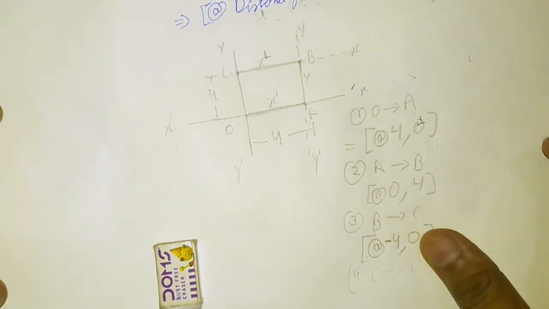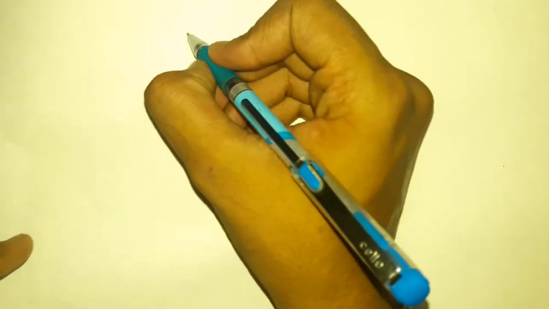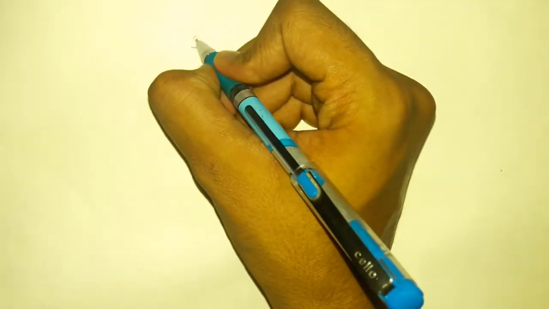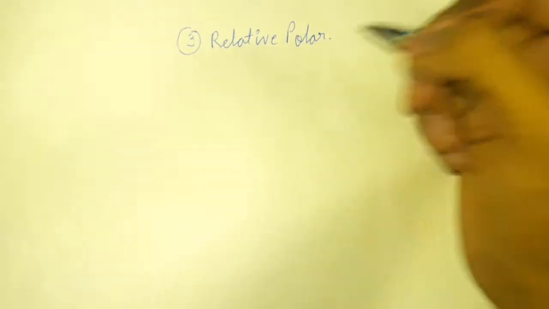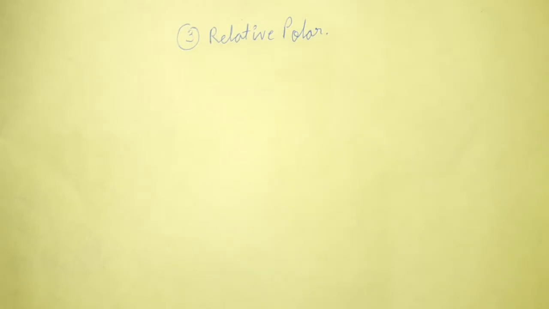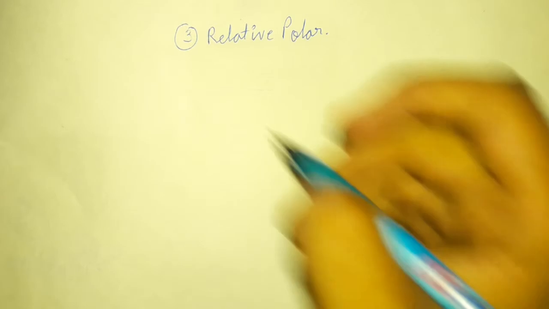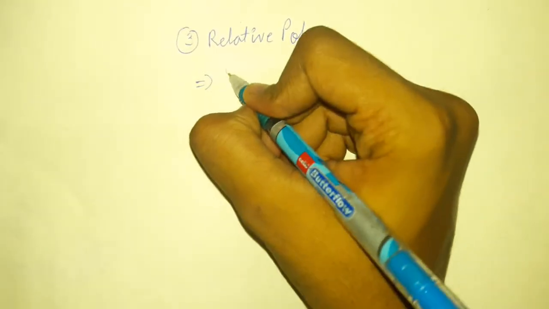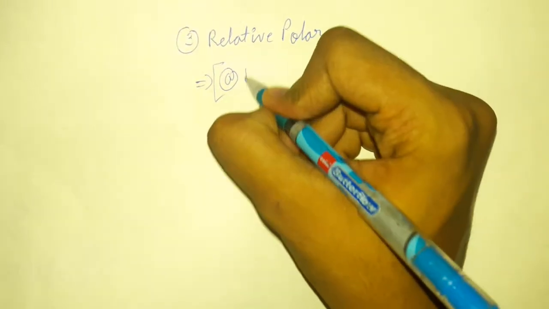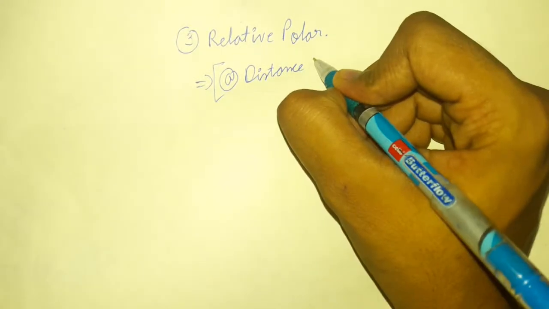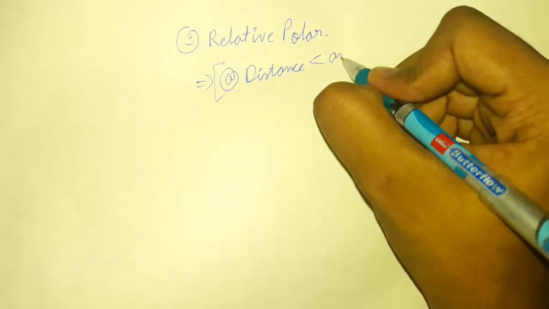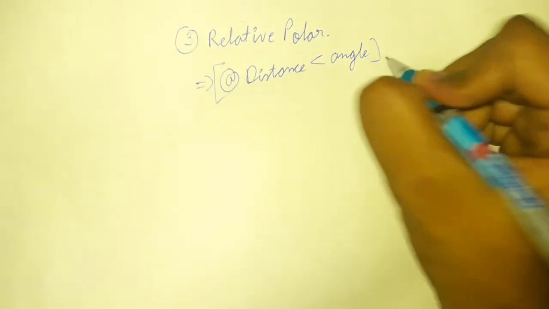Last is our relative polar. Third one, in this we are just pointing the coordinate using an angle. The formula for this is distance smaller than angle.